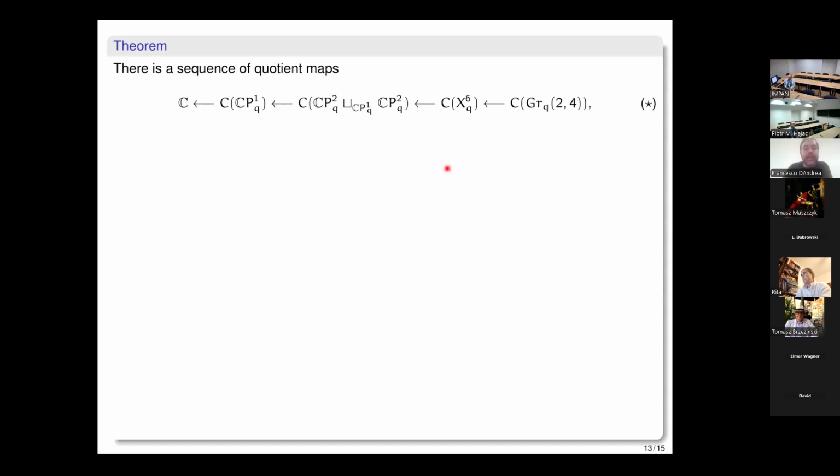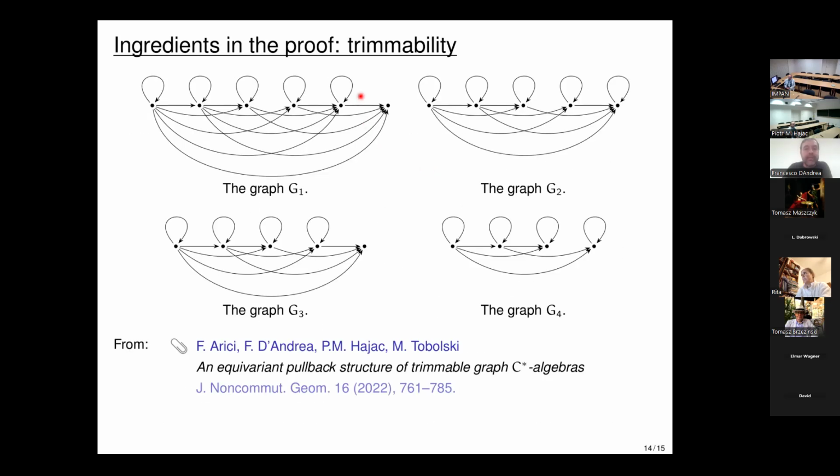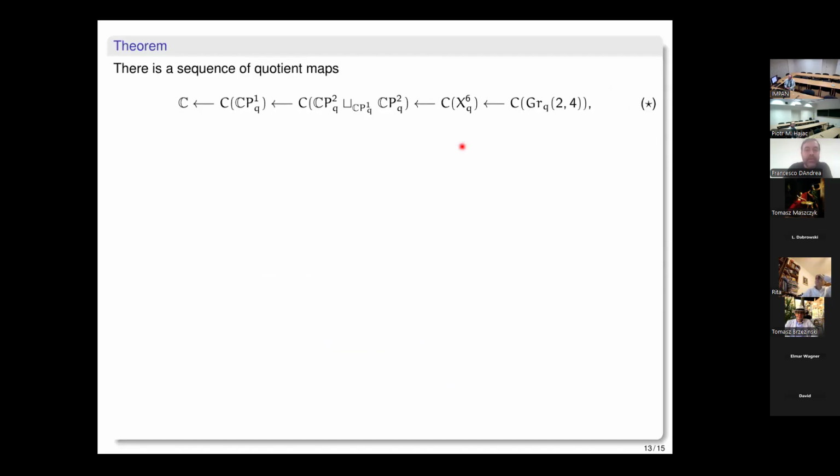So you repeat the same thing. The next thing is that you get a second graph G2 by removing all the arrows going to this sink. Then here you remove one loop again, this trimmable edge, and you get this graph which I denote by G3 with one sink. Again, from this general theorem, from the paper with Piotr, you now have a quotient map of C-star algebras from C(X_{6,q}) to the core of this G3.